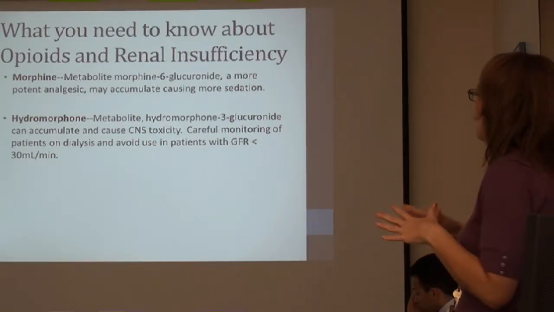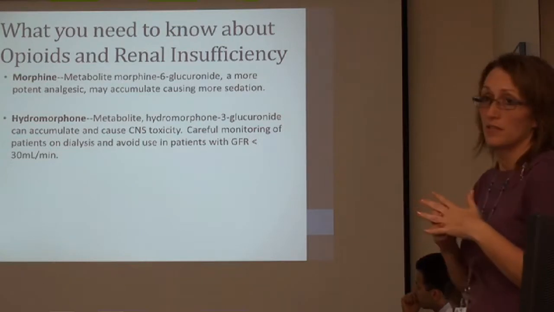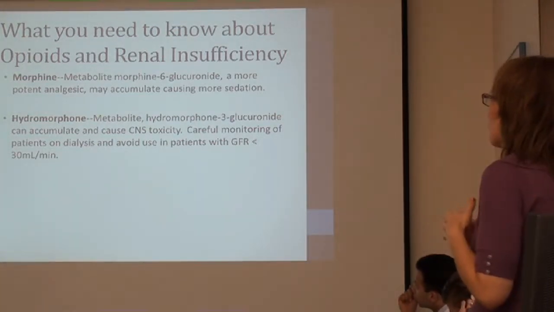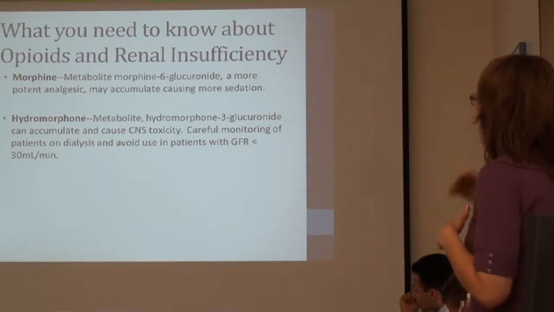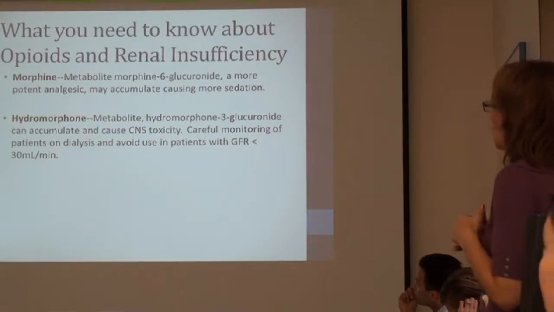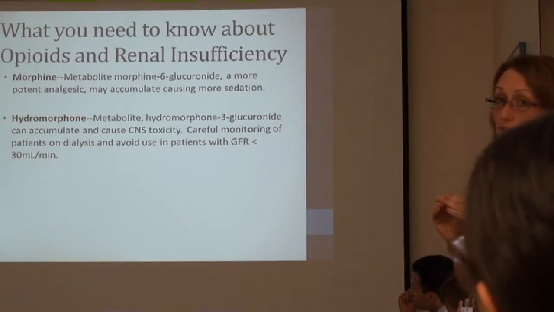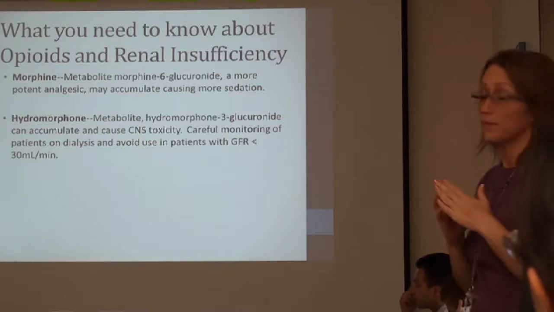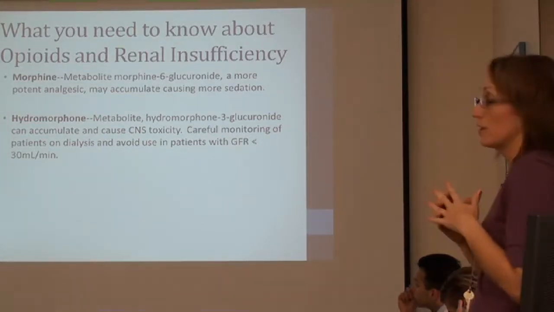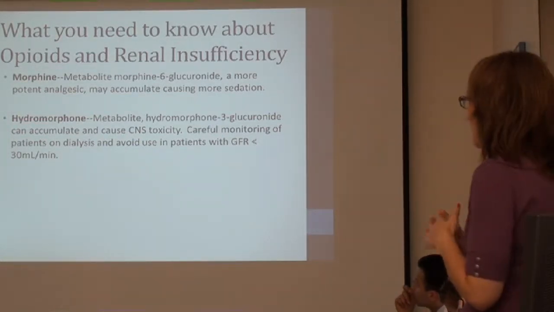And so what do you need to know about opioids and renal insufficiency? These are important things to know. Morphine has a metabolite that is a more potent analgesic, so it's an active metabolite. And so it may accumulate and cause more sedation, okay?